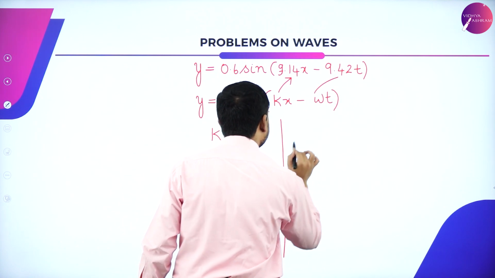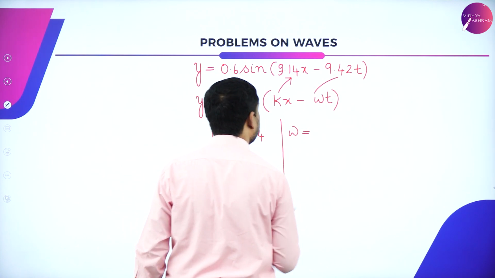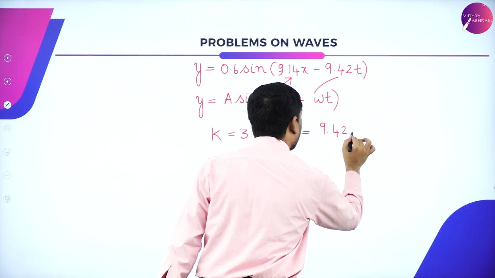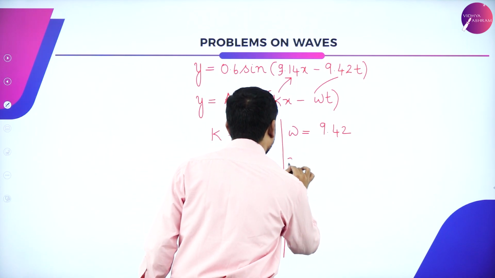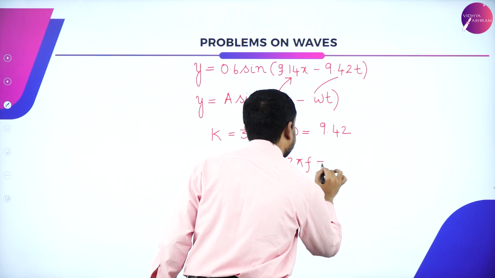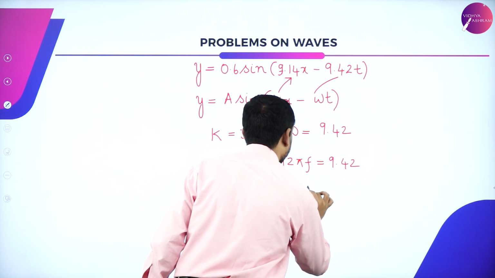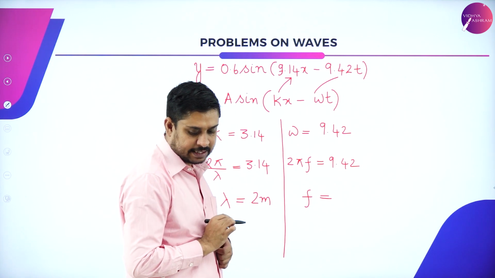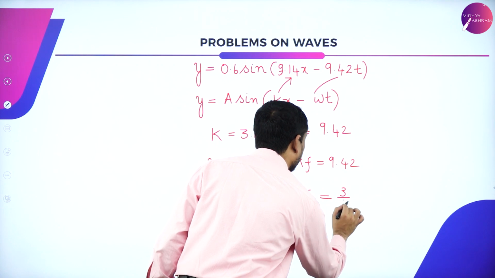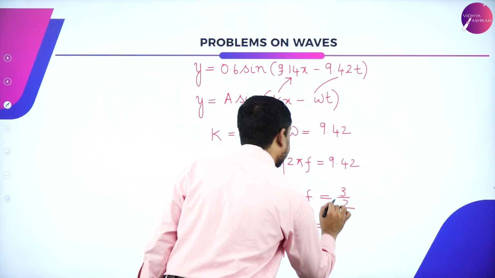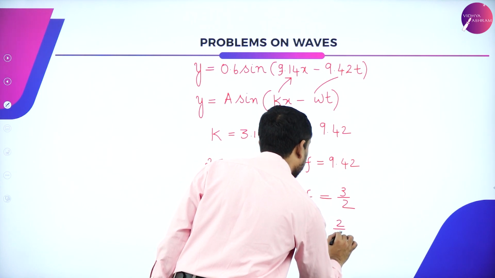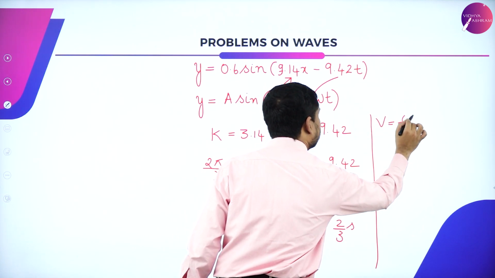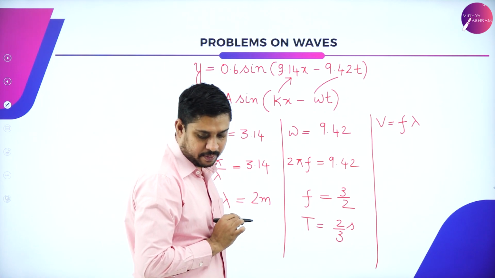Now, similarly omega is equal to 2 pi f is 9.42, or frequency is equal to, on calculation, 3 by 2, or time period is equal to 2 by 3 seconds. Now we know V is f times lambda.